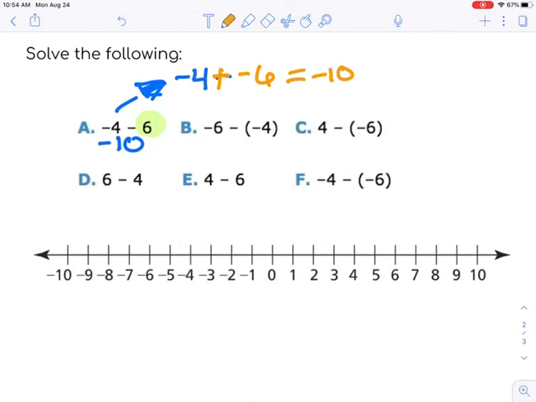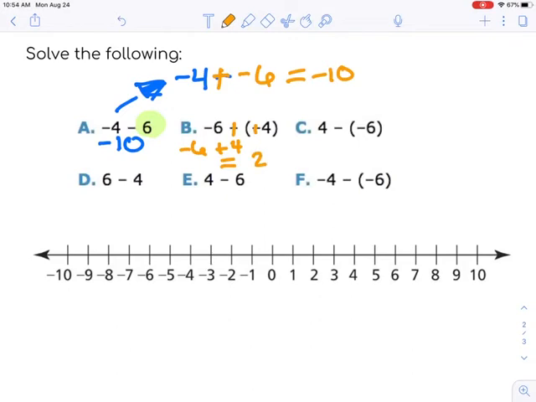Let's try another one. B, negative 6 minus negative 4. So first what we can do is we can change that negative to a positive. And we can do the opposite of negative 4, which is positive 4. So now what I have is negative 6 plus 4. And remember, when you're adding a negative and a positive, you're really subtracting. So 6 minus 4 is 2.